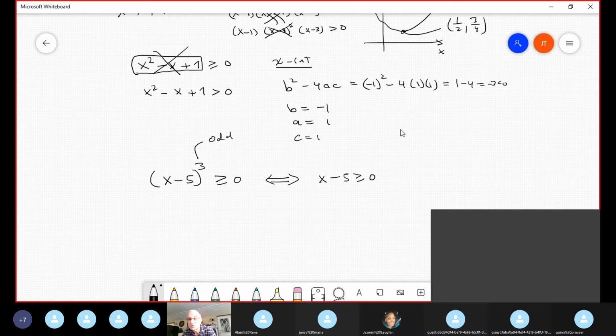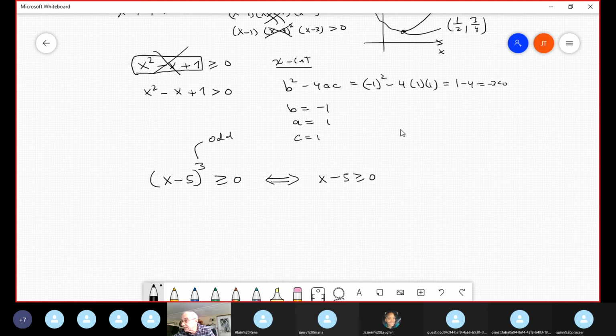When you totally delete something, what is the answer? When you totally delete, the answer depends on the rest of the remaining factors.